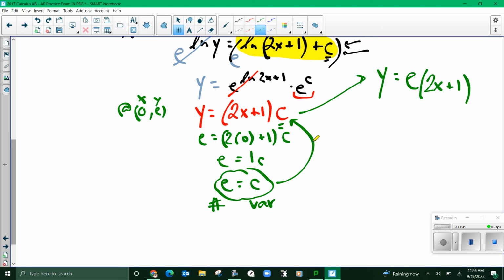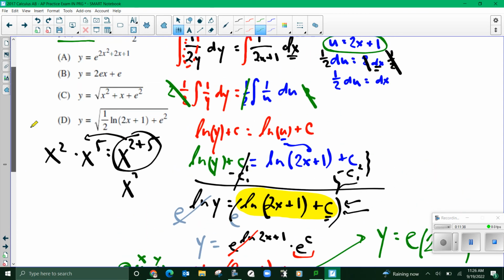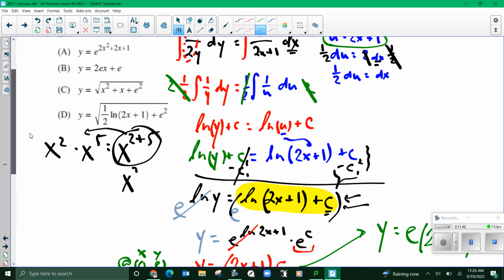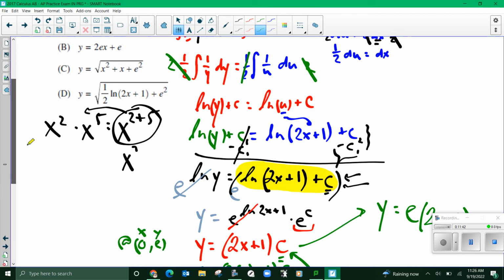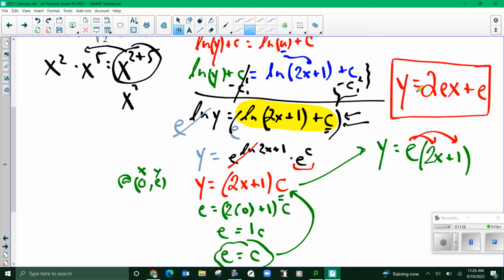Now, if I look at my multiple choice, I don't have E times 2x plus 1. But it looks like if I distribute my E, I get y equals 2ex plus 1 times E is E. I am almost certain I saw this on there.